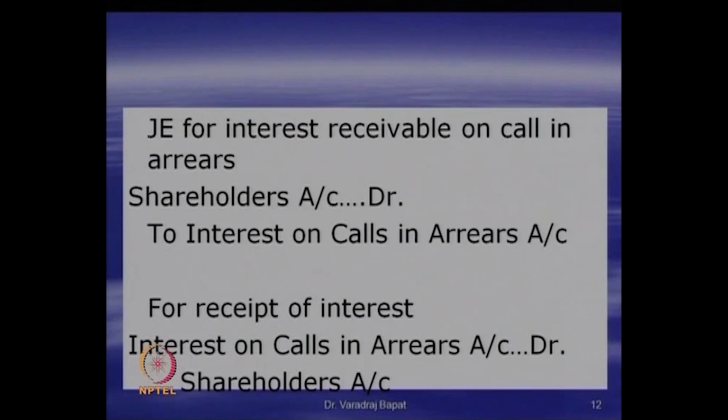Now when this money becomes receivable, the entry will be passed for shareholders account debit to interest on calls in arrears. This is where the call in arrear interest becomes due. Subsequently, when the money is received, we have bank debit to shareholders account. So this is the entry for recording the interest, and next entry is for receiving the interest.